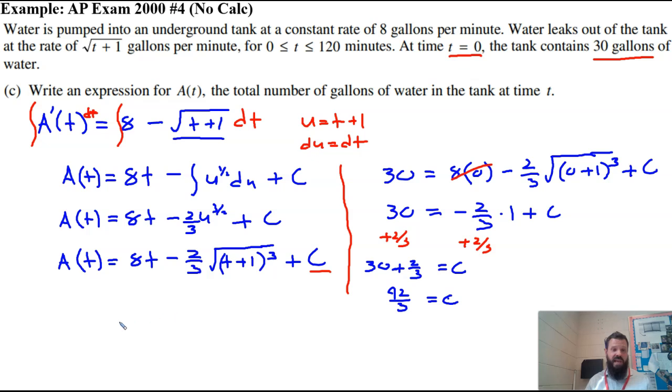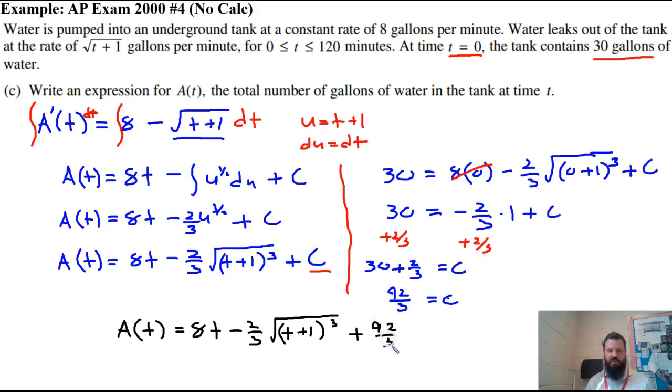All right, putting that all together, for a final answer, our A of t is just equal to 8t minus the 2/3 square root of t plus 1 to the third, plus the 92/3.